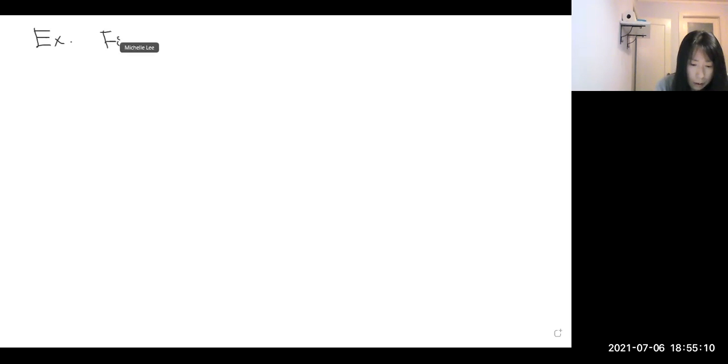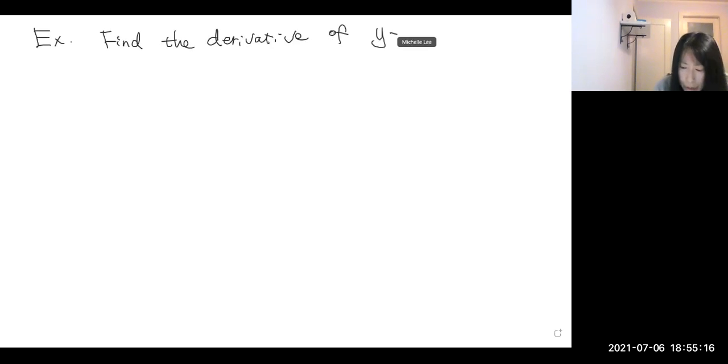Find the derivative of y equal to x to the 3x. Look, we have never seen this one before. There is x, also there is x. Can you see that? Then this is 3x, right? We know how to bring down the power.